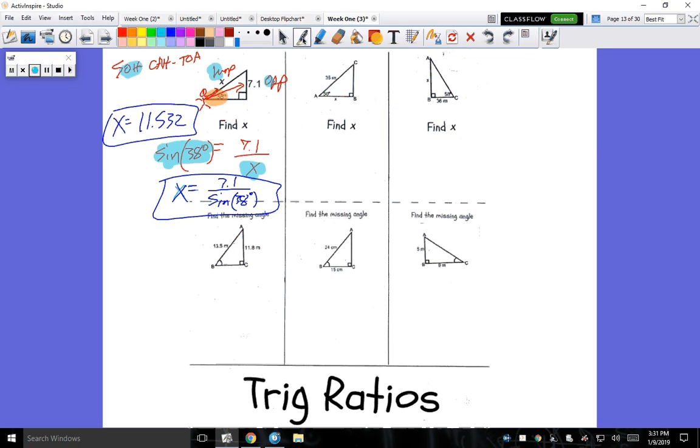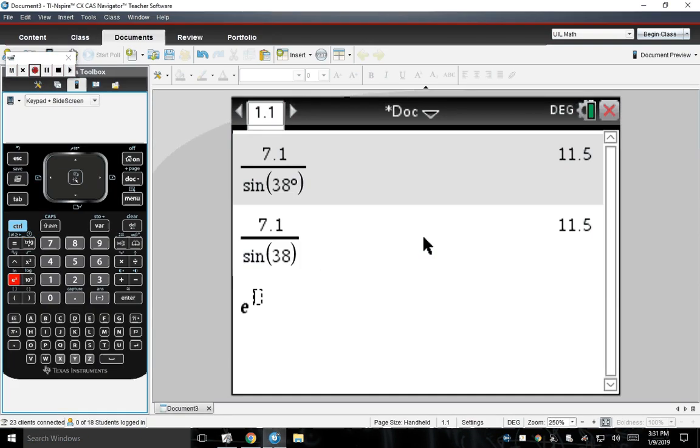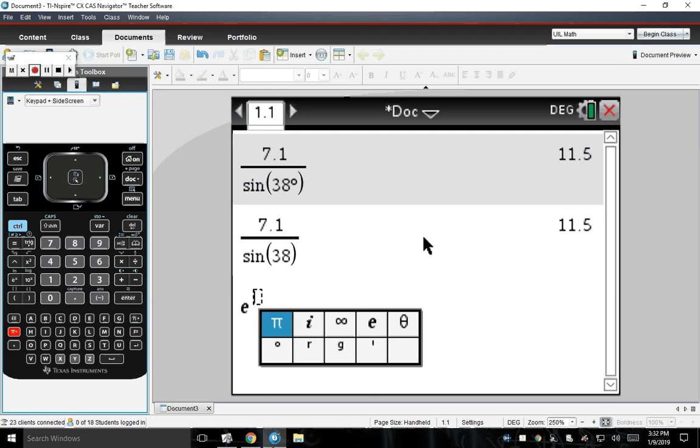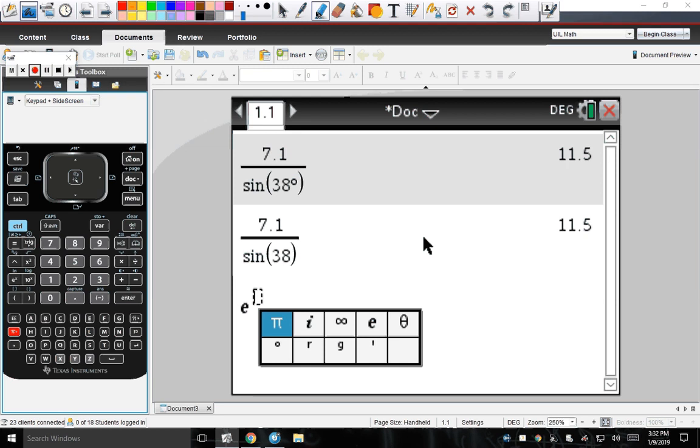It messed them all up when it came to their AP exam because they forgot to put it in degree mode. That's why we teach people, don't get dependent on the degree mode. Learn how to use this degree symbol right here where the pi is at. Use this degree symbol and you won't run into that problem, and you don't have to worry about that. You still use the degree sign. Yeah, it just overkills it, but nothing changes. It doesn't offset it. Okay?